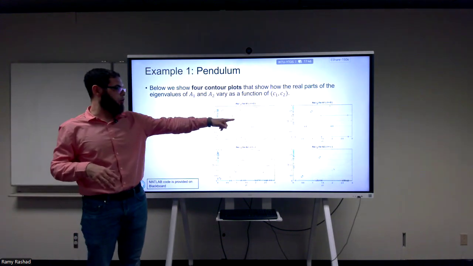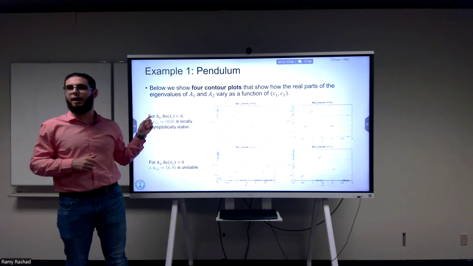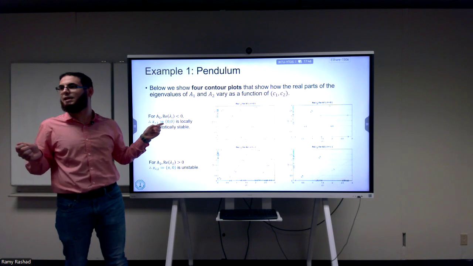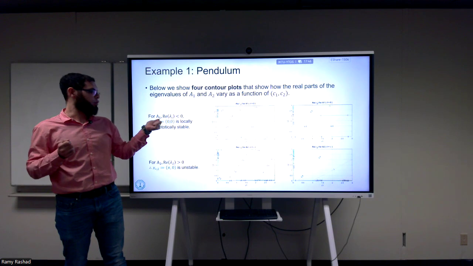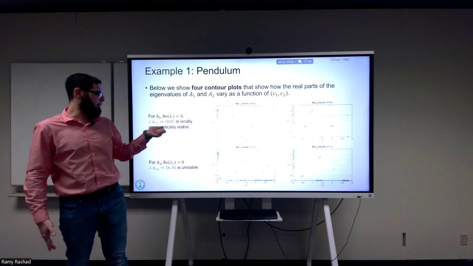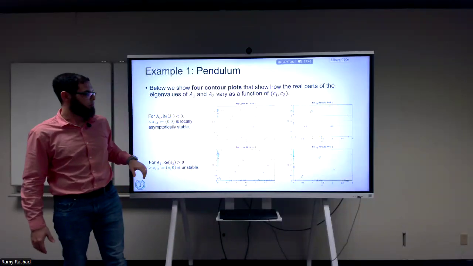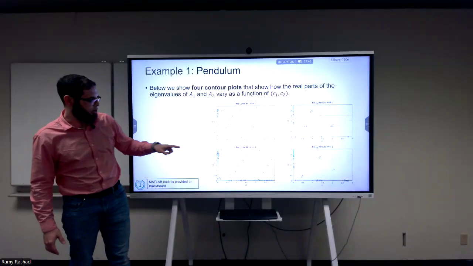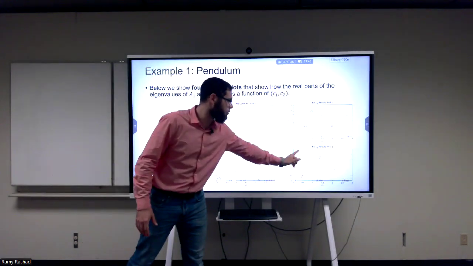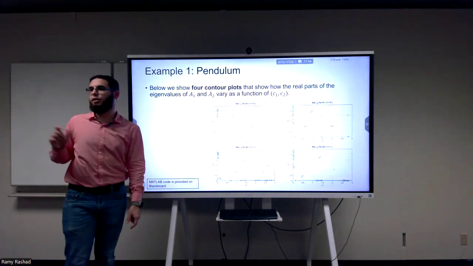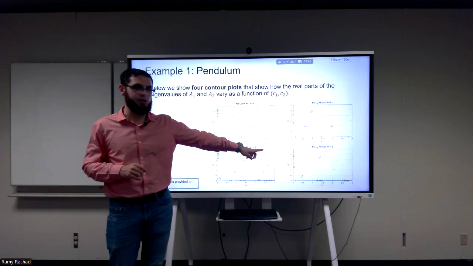So with this, we can conclude that the real values of the eigenvalues of A1 are always negative, which means that X1 star, which is the 0, 0, the downward position for the pendulum, is locally asymptotically stable. What about the A2? Check it out for yourself. So this is the real value of lambda 1, and this is the real value of lambda 2 for the second linearized system. What do you see? Lambda 2 always has positive values.